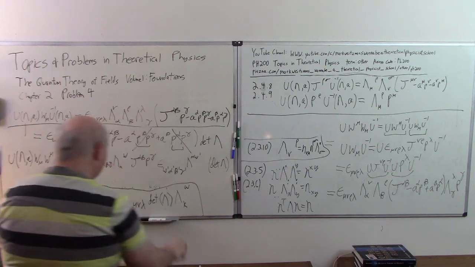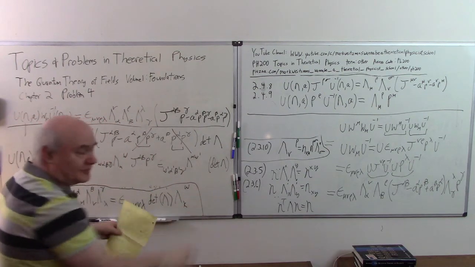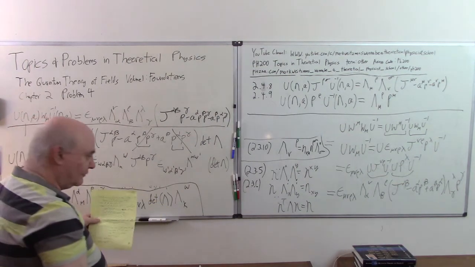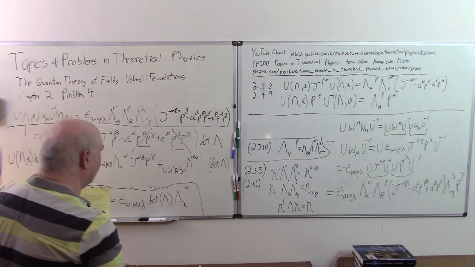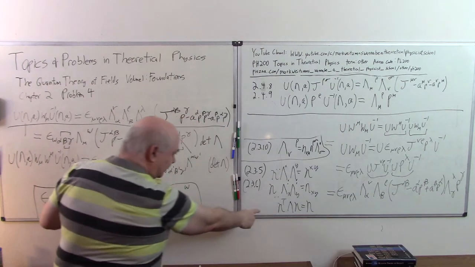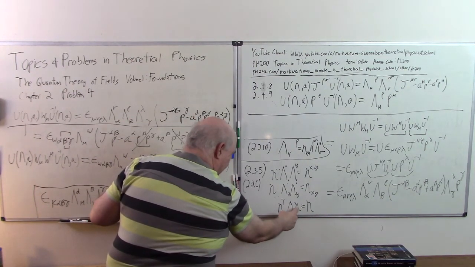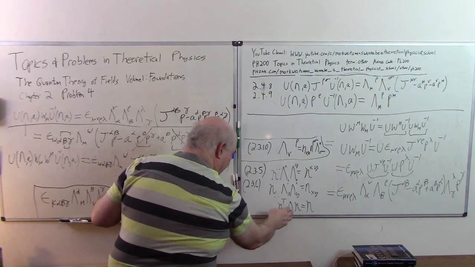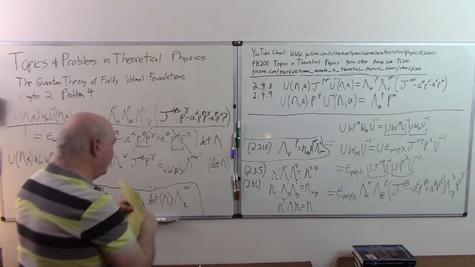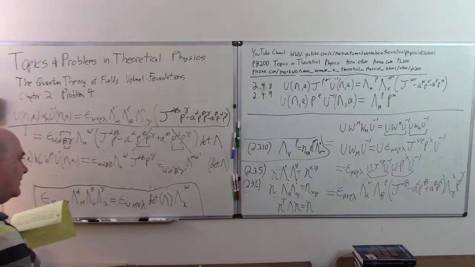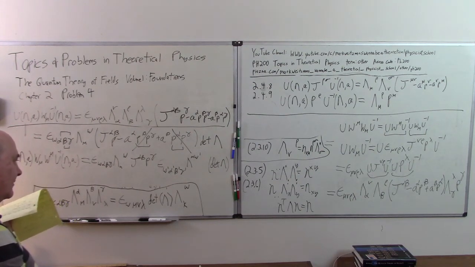Okay. Obviously, we're going to get another factor of the determinant of lambda, and the determinant of lambda squared is 1 for a Lorentz transformation. That just comes from the group. If you remember this, if you take the determinant on this equation, you get -1 here, and you get -1 and -1. So the determinant of lambda has to be equal to -1. I'm sorry. The determinant of lambda is going to be plus or minus 1.